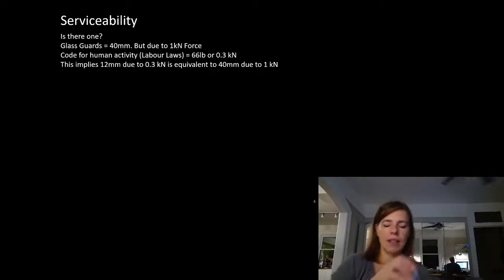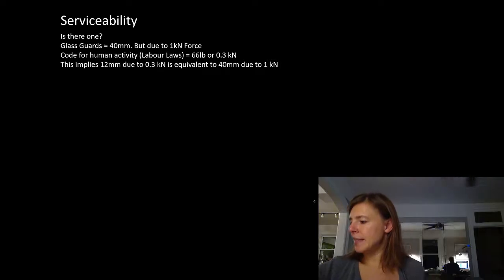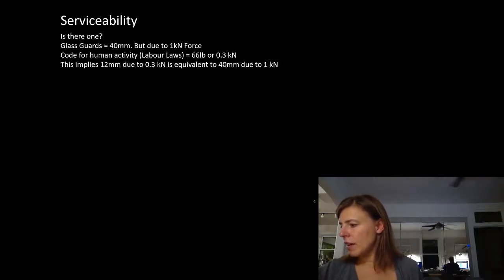If we did the L over, let me just see this for a second. If we did our L over 360, which would be L over 180, we're allowed 5.9. I'm going to add that into this slide here.